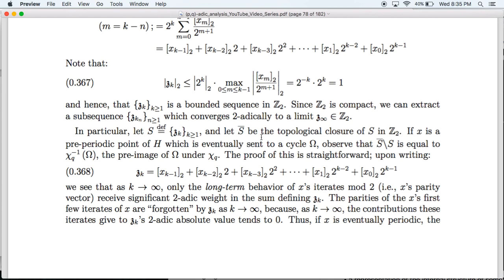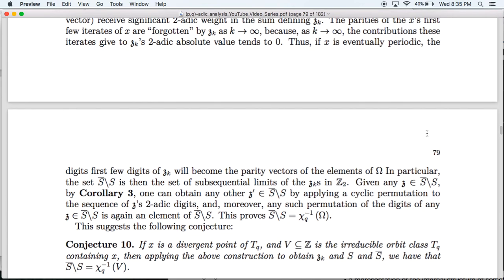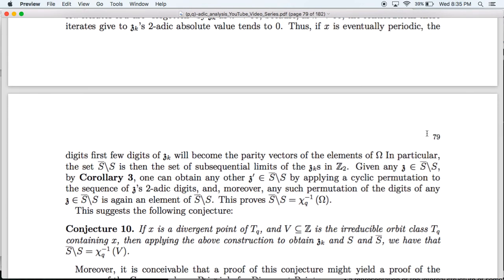So this seeding algorithm generates those two-adic integers which chi q sends to the cycle which x is eventually sent to. This suggests that you should be able to do something similar for the divergent points.